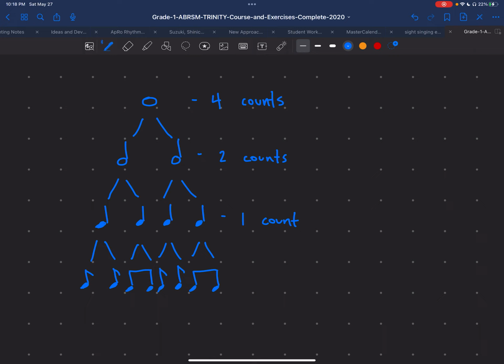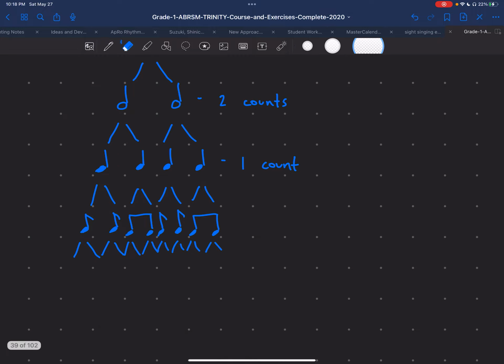So we have our eighth notes, and we can divide those in half again, and we're left with 16th notes. 16th notes look just about the same as eighth notes, but instead of having 1 flag, we have 2 flags. So again, 16th notes.